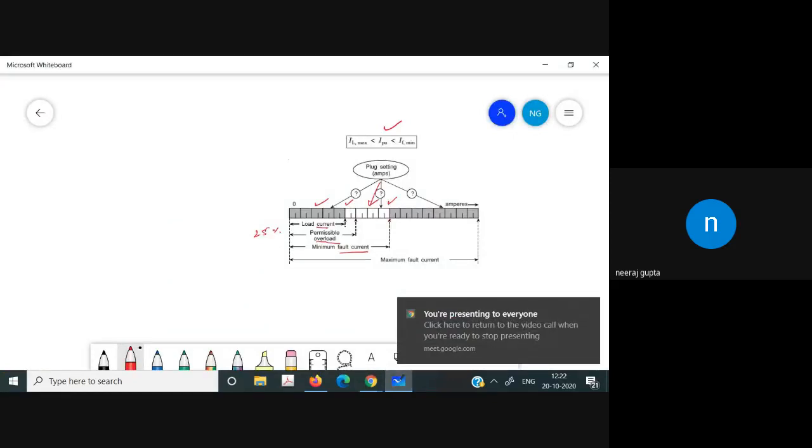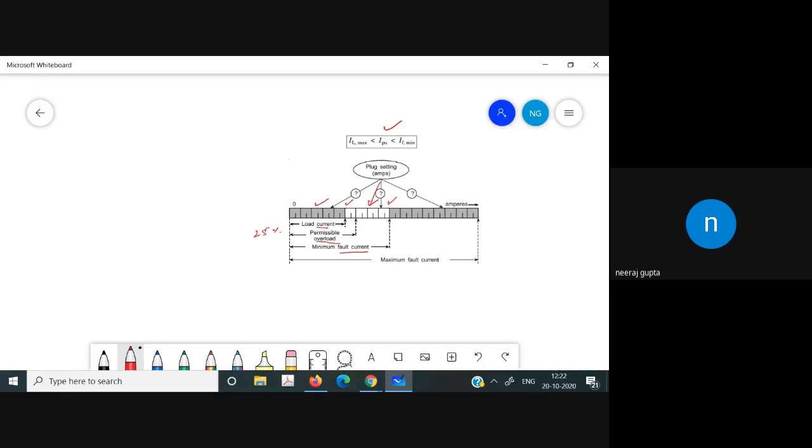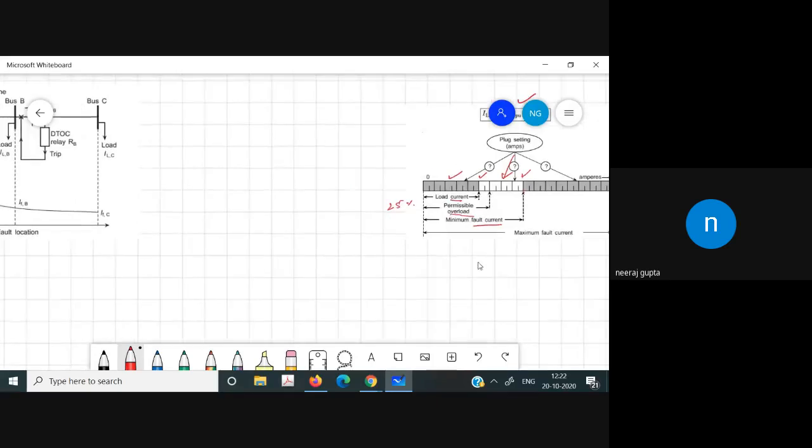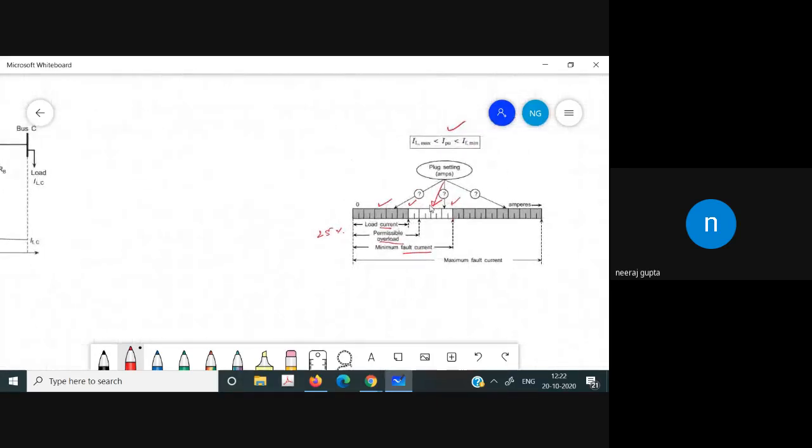Now, second is how to set the operating time of the relay. We have discussed the pickup value of the relay, and now we discuss the operating time of the relay.